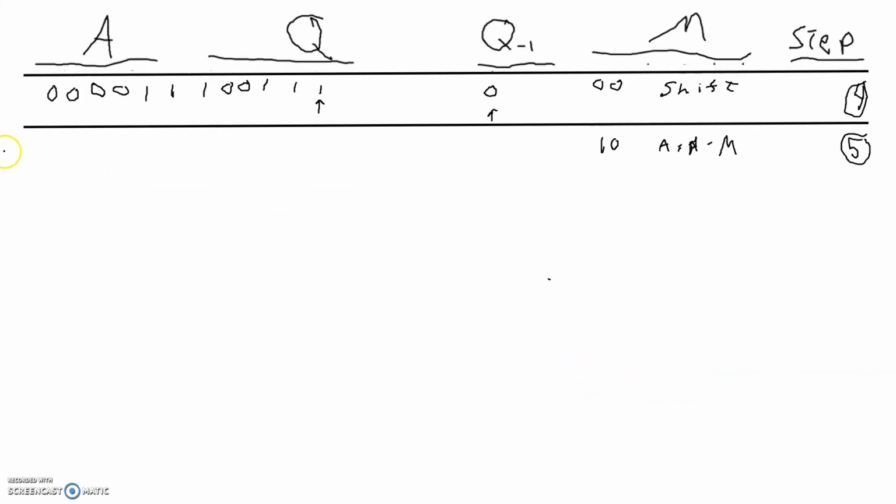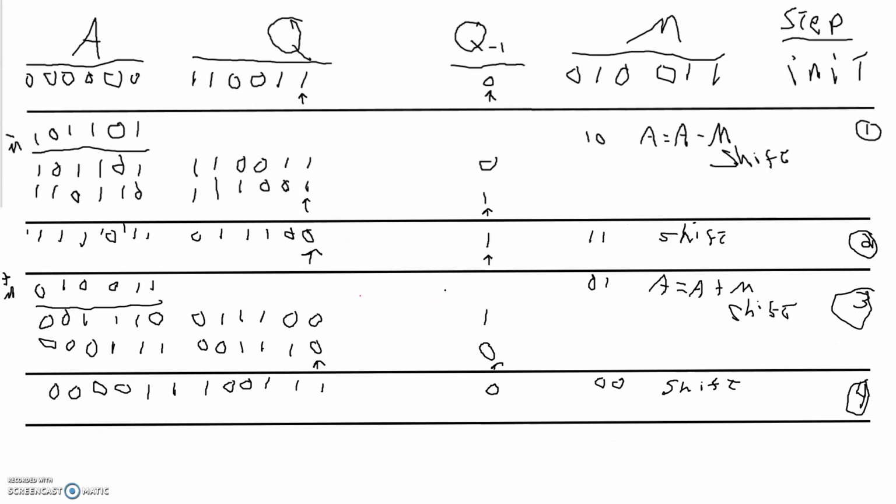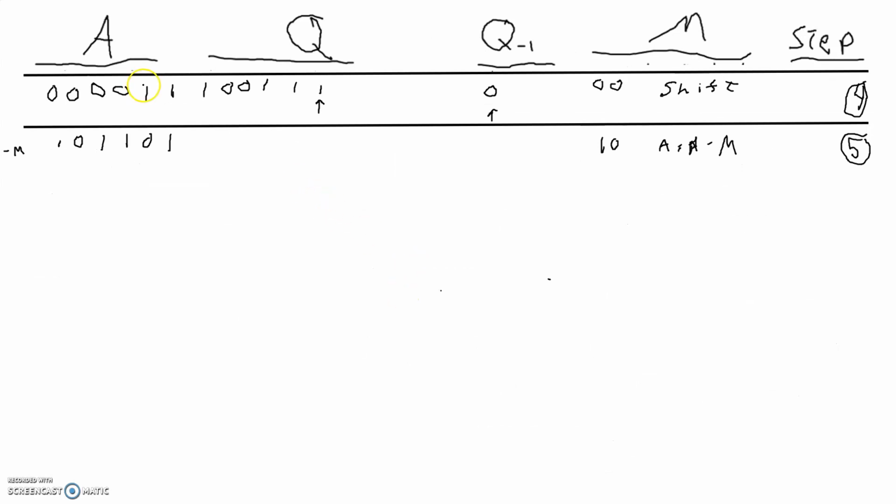And so to do the minus M, we do the 1, 0, 1, 1, 0, 1. Sorry. Okay.